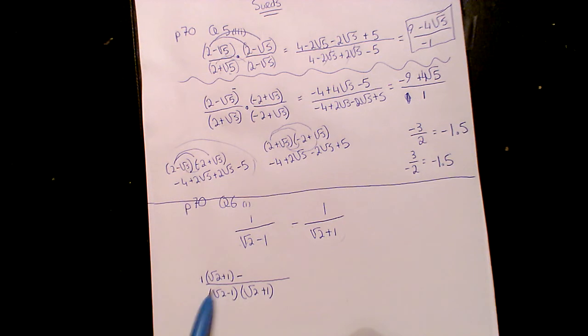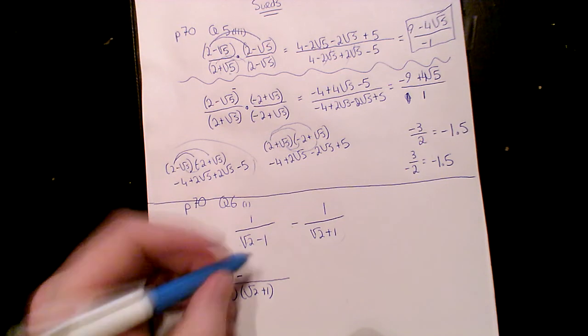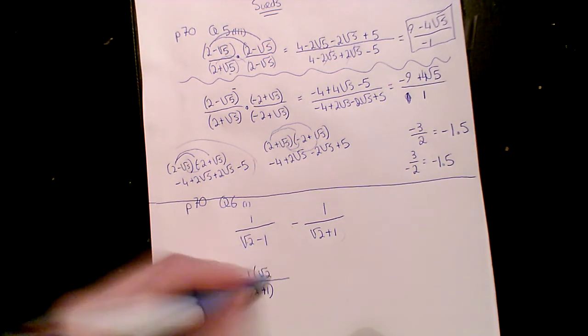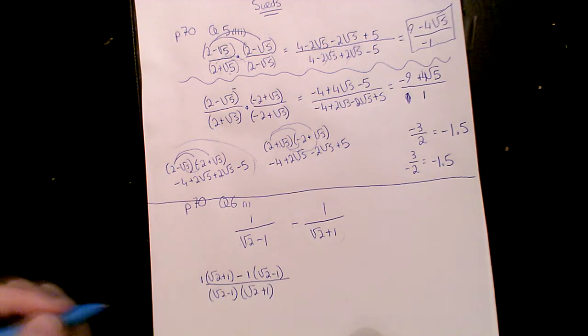Well, the answer is this many times. Okay, so root 2 plus 1 divides into root 2 minus 1 multiplied by root 2 plus 1, root 2 minus 1 times. So again, we put the 1 there, and it's root 2 minus 1.